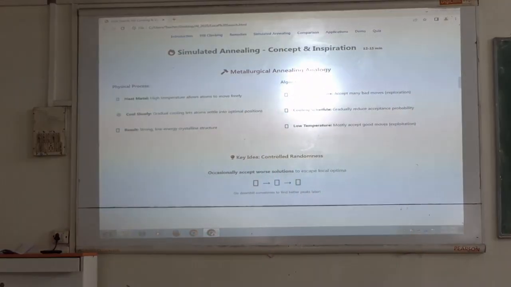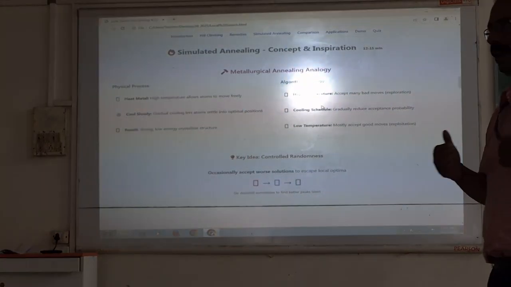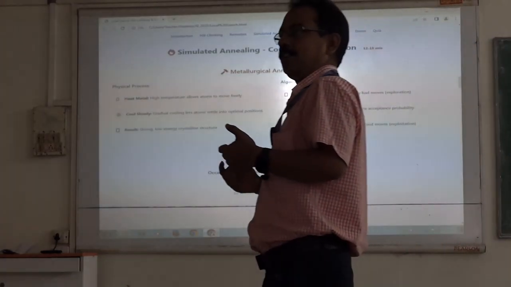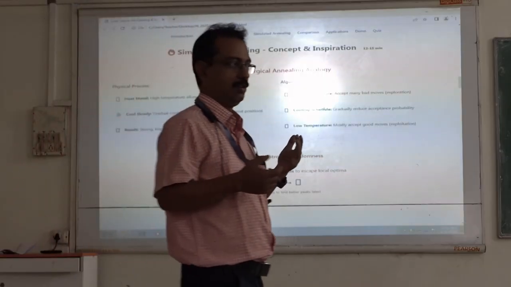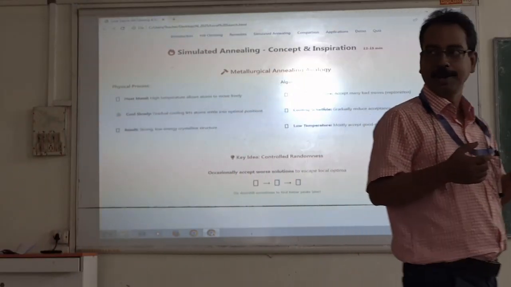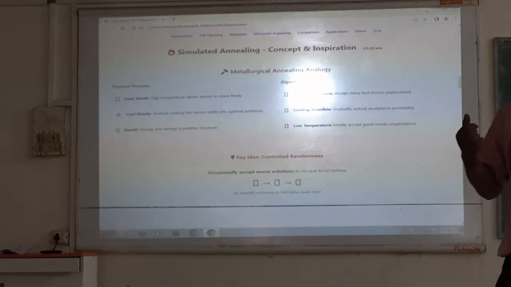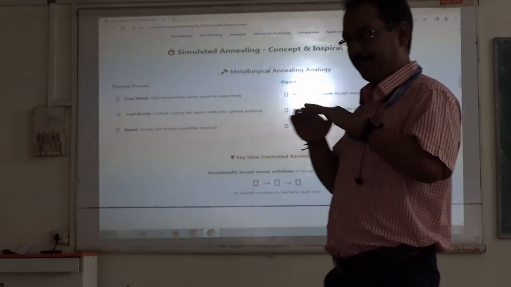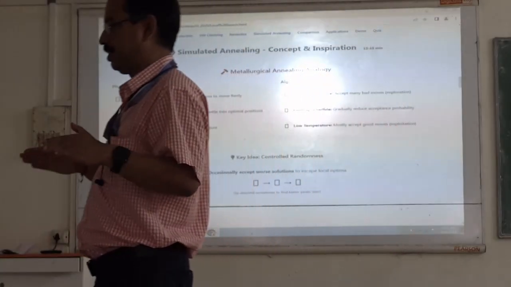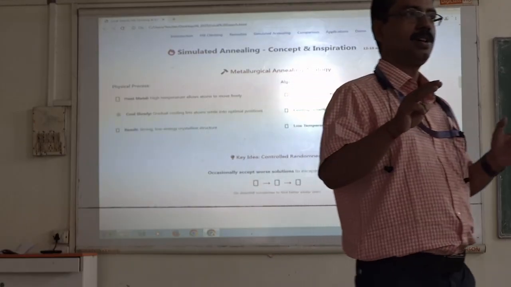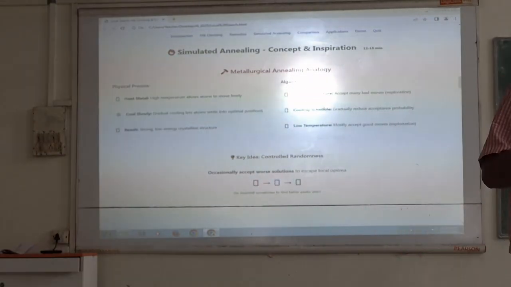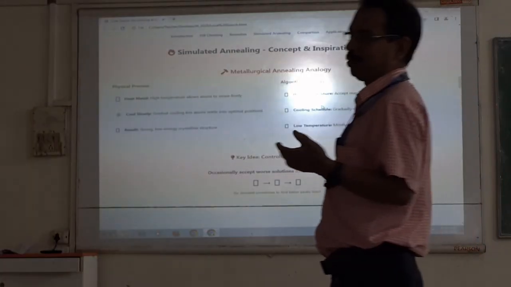Once we got the conceptual idea, we came to know that the hill climbing algorithm may have 3 major problems: the local optima, the plateau, and the ridge. So these 3 problems actually restrict you from getting the optimum solution.